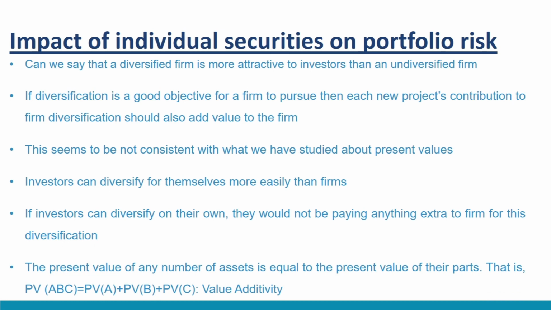This is so because investors can diversify themselves by adding more securities from different industry sectors in their portfolio, assuming that deep and liquid financial markets are available to them to choose securities from different industry sector and asset class groups. If this is the case, then the sum of different components, that is project assets, cash flows, present values, is the same whether considered separately or taken together as a unit, that is, present value of ABC equals present value of A plus present value of B plus present value of C separately.